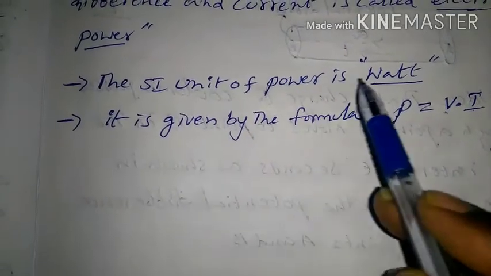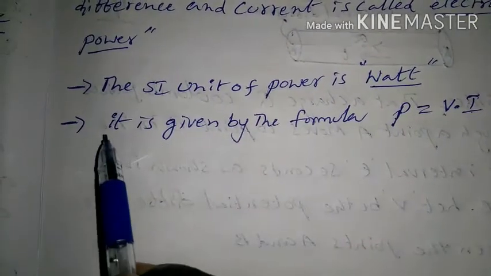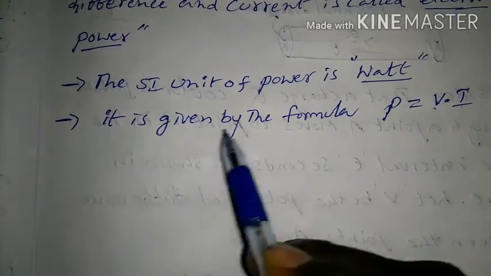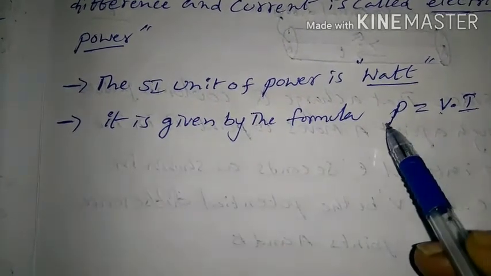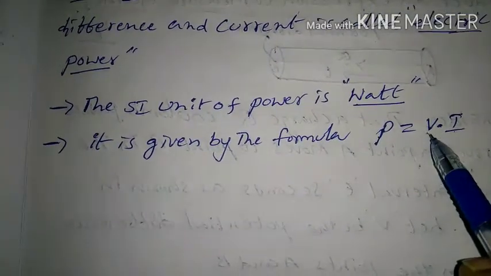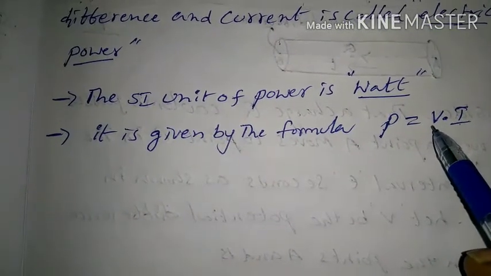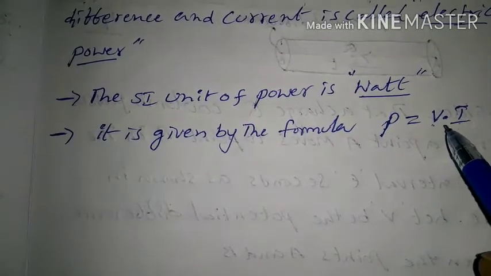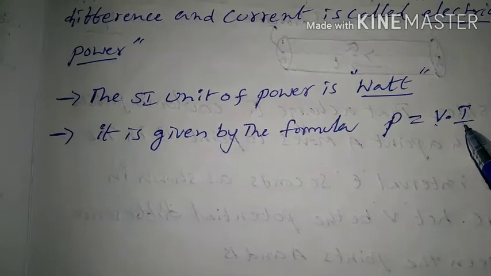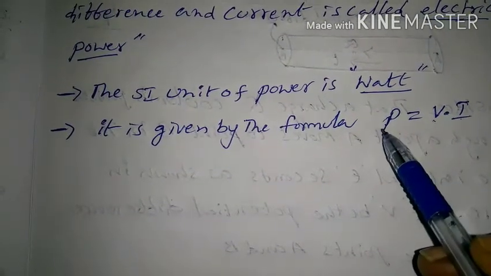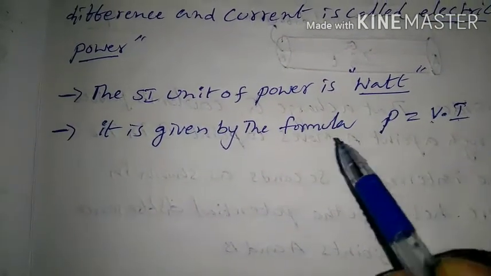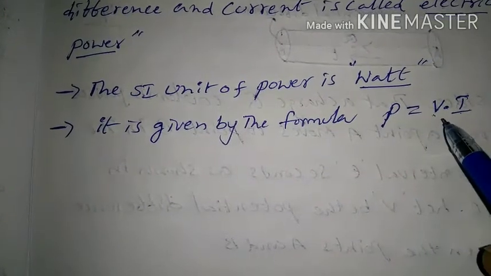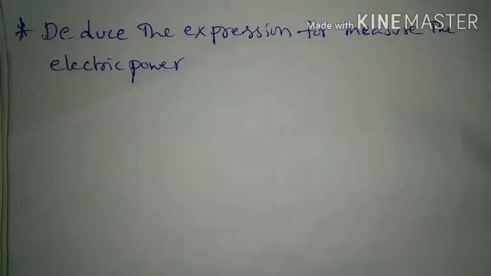Second point, it is given by the formula P is equal to V into I, where V means potential difference, I means electric current, and P means electric power.